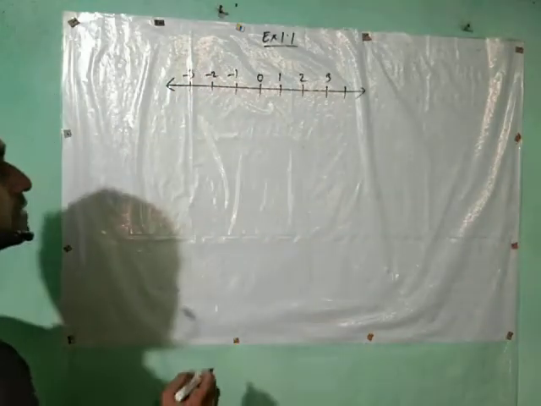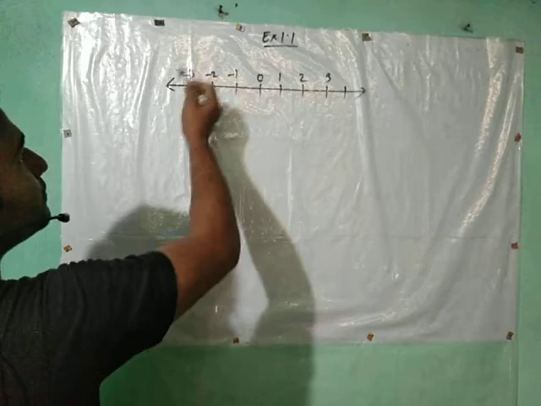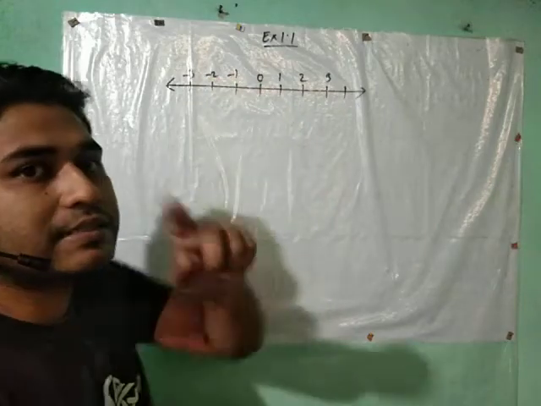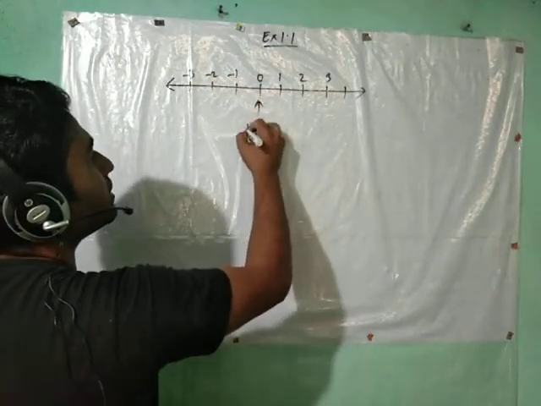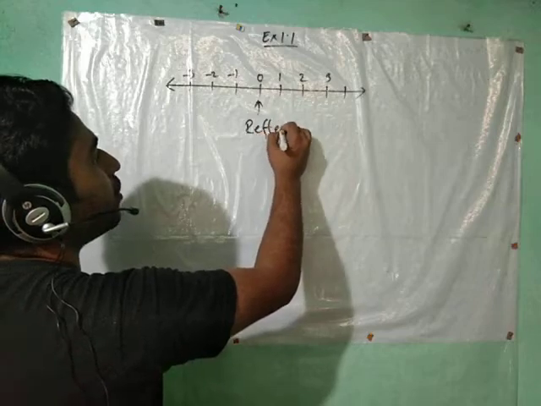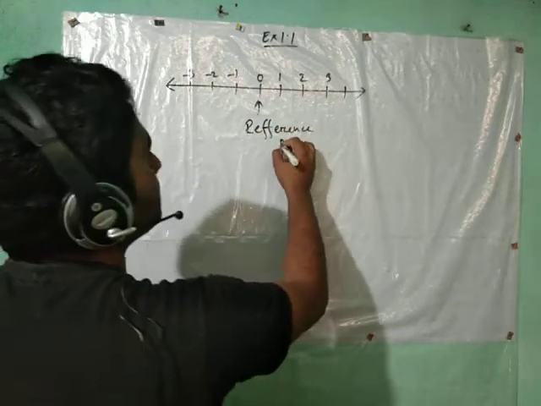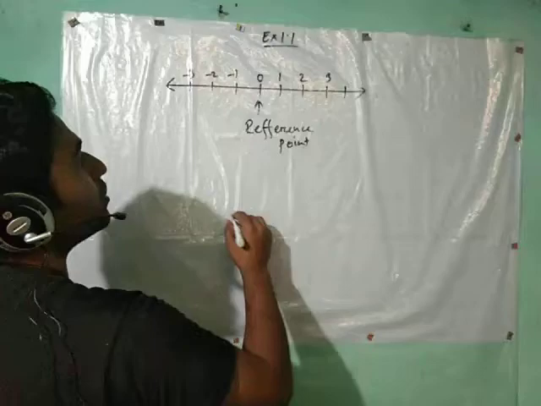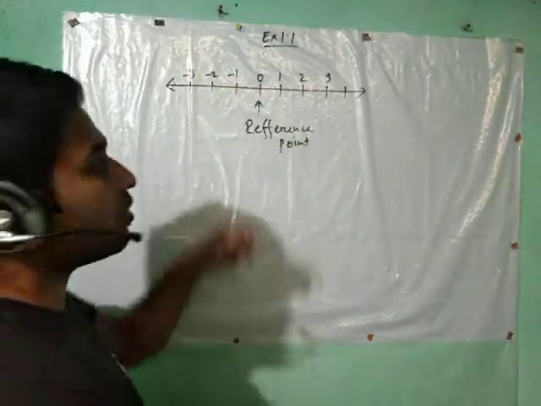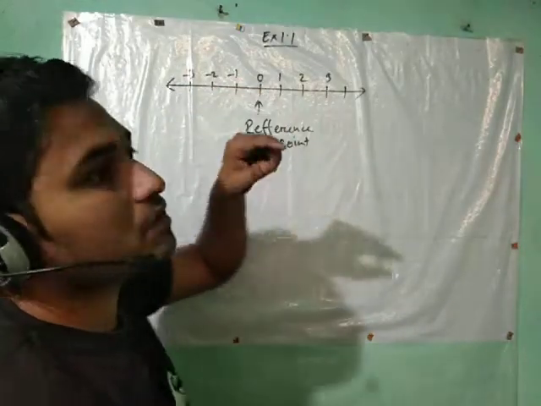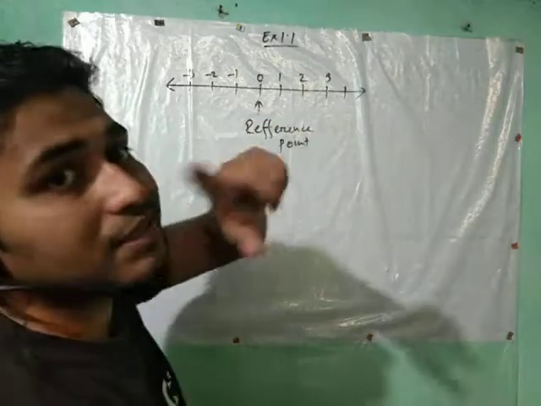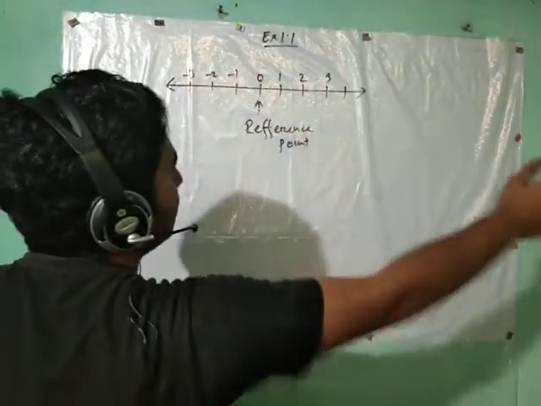Can anybody tell me? Yes, because on the left, 0 we will consider as the reference point. That means 0 will be considered as the origin or reference point. If 0 is the reference point, we will calculate everything based on 0. That means we will calculate on the right hand side.